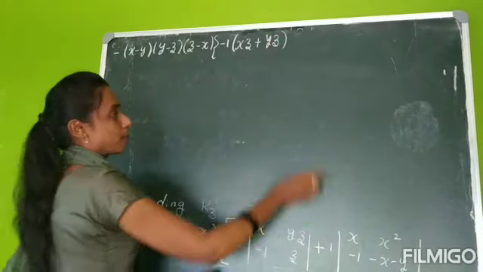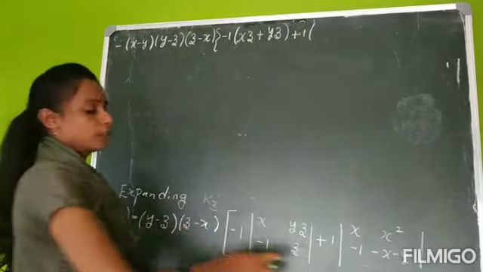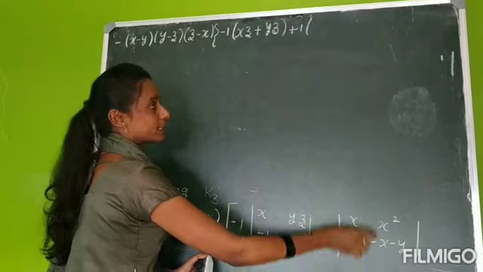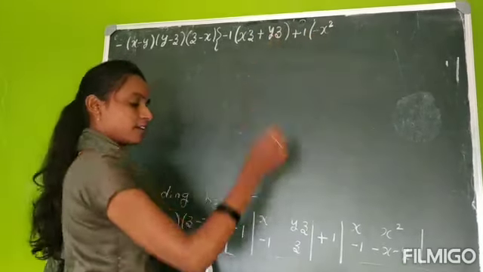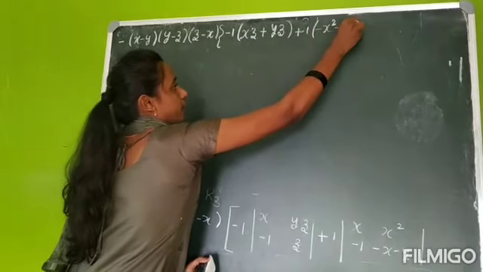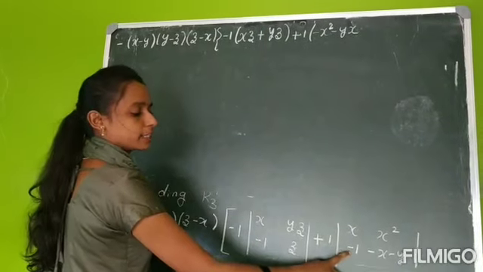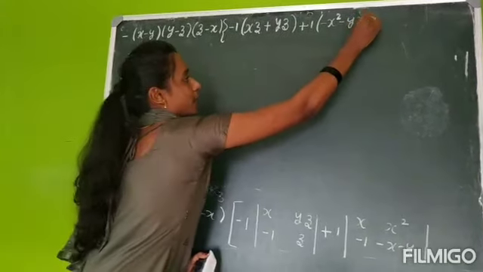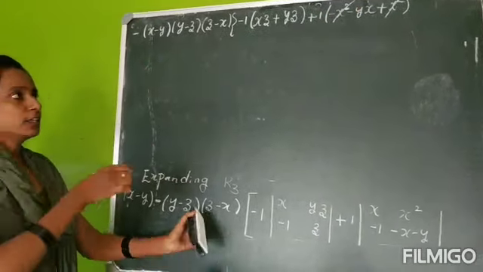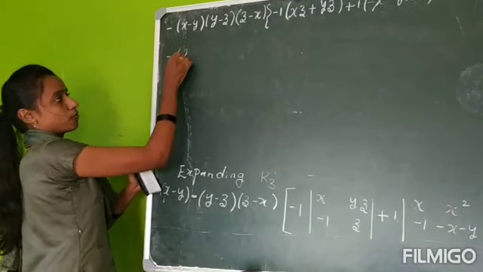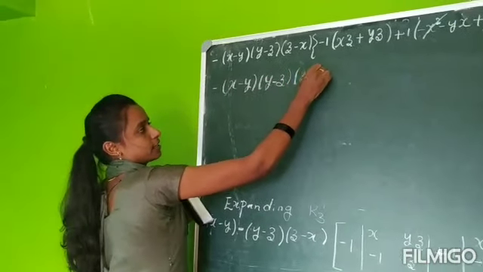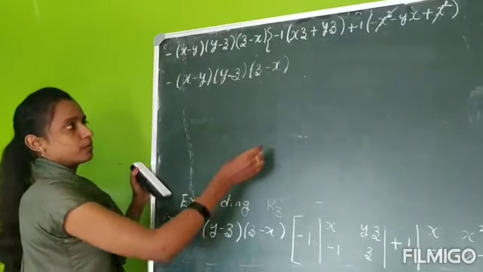Next is plus 1 of: x into minus x minus y. x into minus x is minus x square, x into minus y is minus yx. Next is minus 1 into x square, which is minus x square; minus into minus gives plus x square. So plus x square and minus x square get cancelled. So here we can write minus of x minus y, y minus z, z minus x. Simplify this.